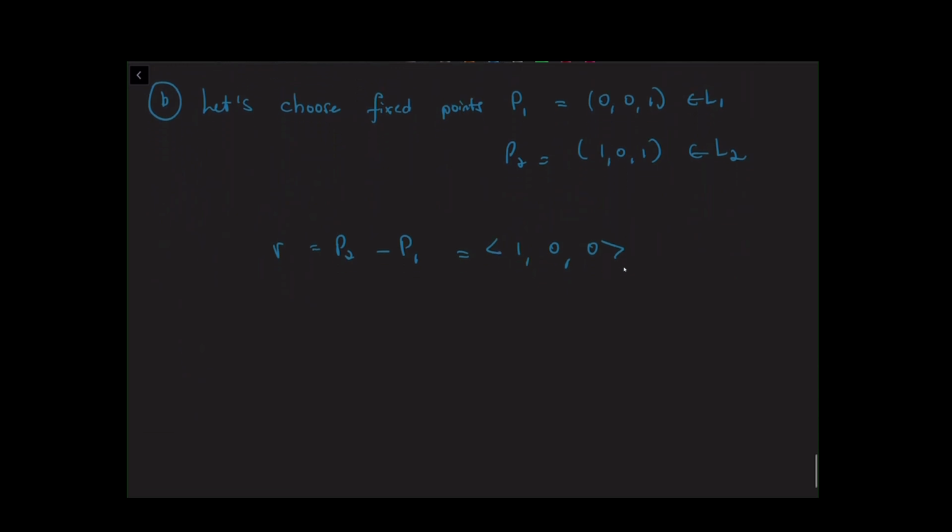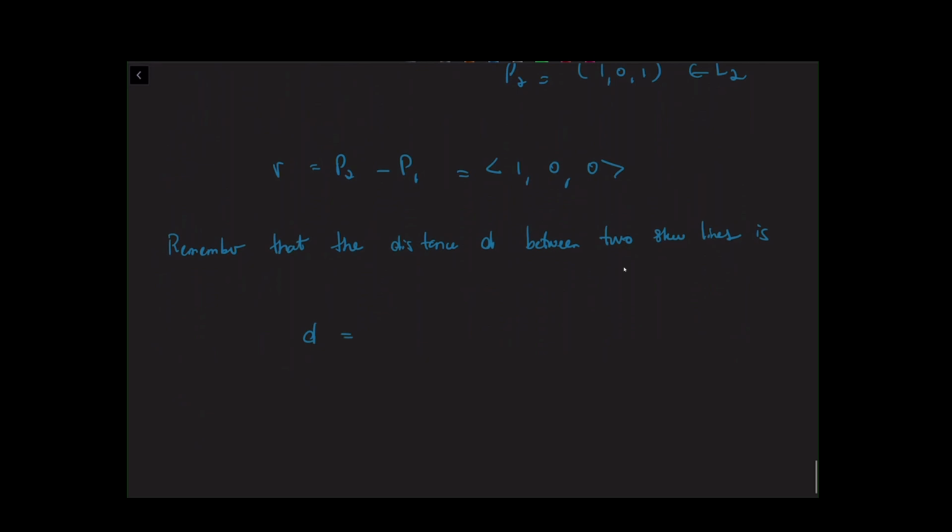Now put this into the standard formula for the distance between two skew lines. Remember that the distance between two skew lines is the absolute value of R dot D1 cross D2, all over the norm of D1 cross D2.